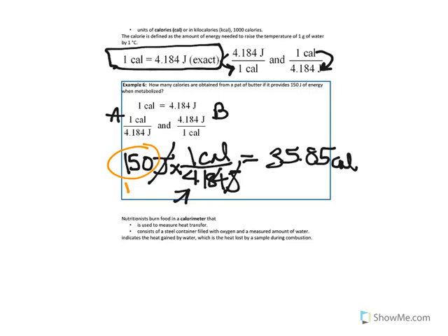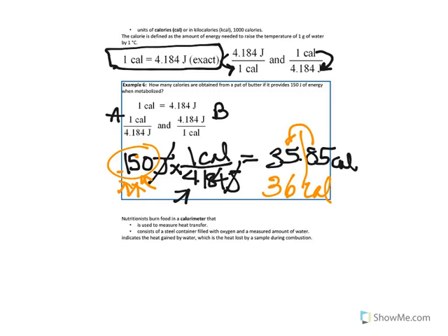The 1 and the 5 are, of course, significant. They're not 0. This last 0 is a trailing 0. There is no decimal point after it, so therefore it is not significant. So there are 2 significant figures, so our answer should have 2. Draw our line here. This is an 8, which is more than a 5, so we're going to round this up. We have 36 calories is our final answer. 36 calories.